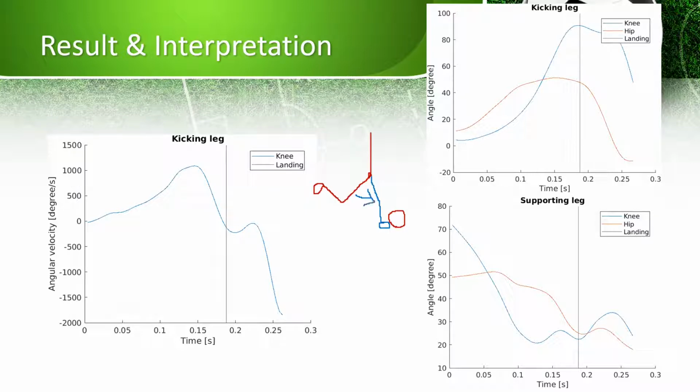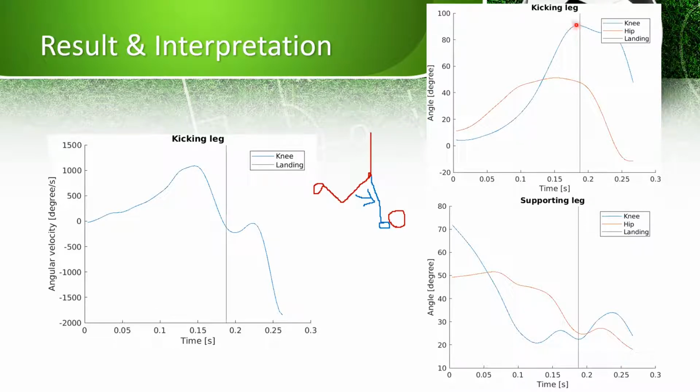So like this. So moving forward like this. So this is the point. You extend the hip maximally. So like you do the backswing like this, and you bring the hip forward, and the value goes to the negative. Okay, and for the knee, I think it's very clear.